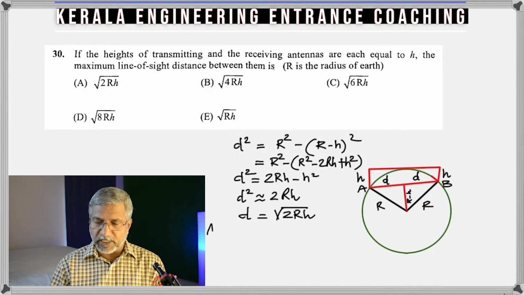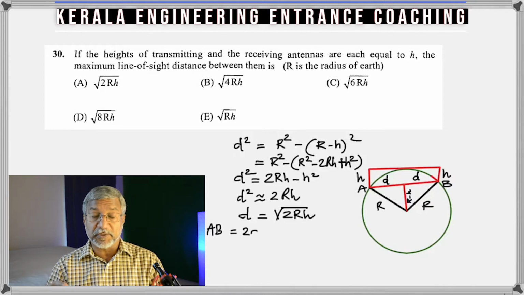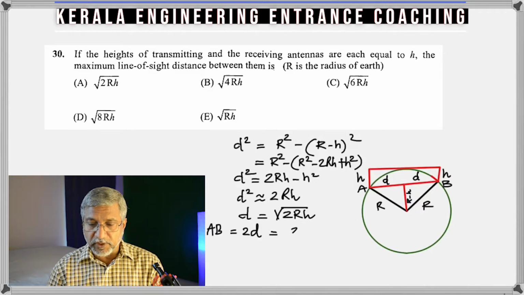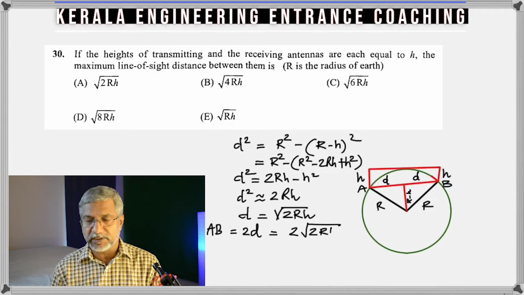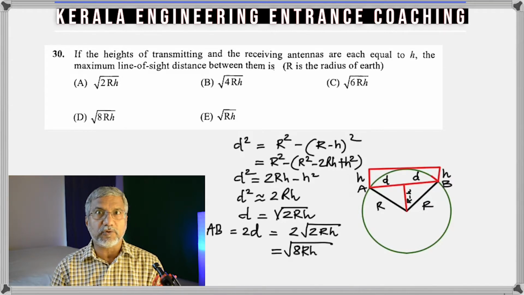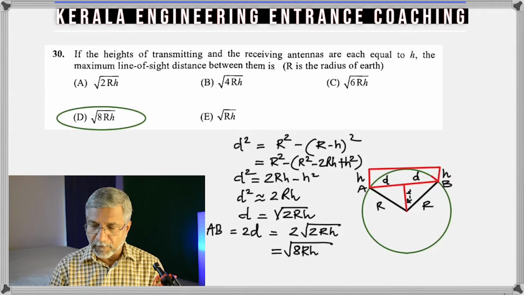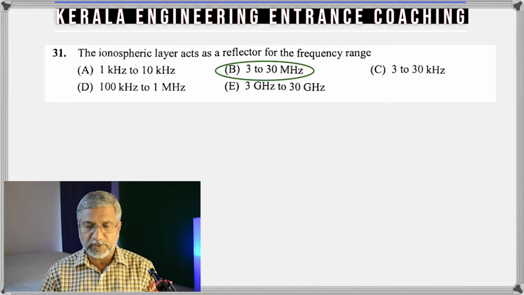So the line of sight distance AB. So AB should be 2 times that. So you're going to get 2 times square root of 2rh, which actually is square root 8rh. Because if you take this 2 inside, you'll have to put it as 4, right? So that's the answer.